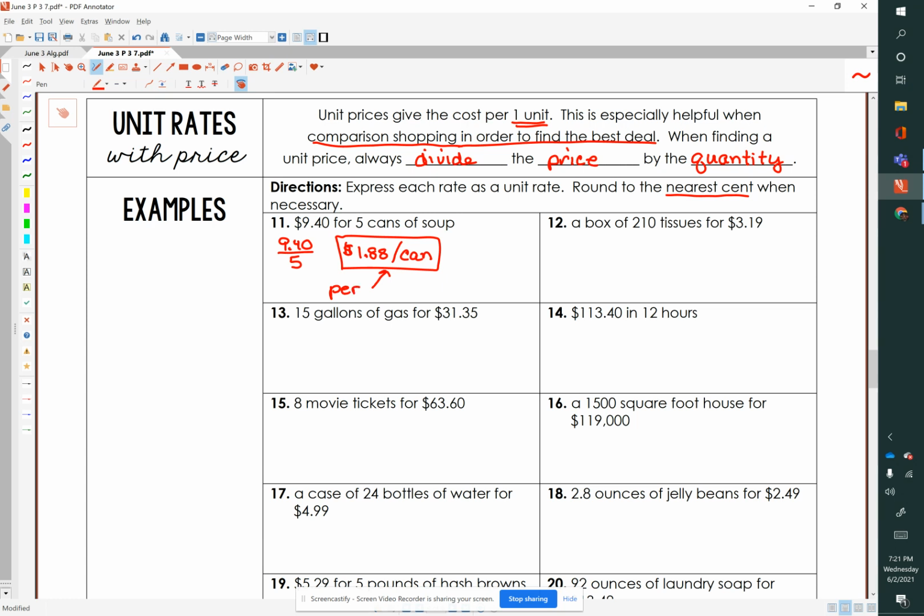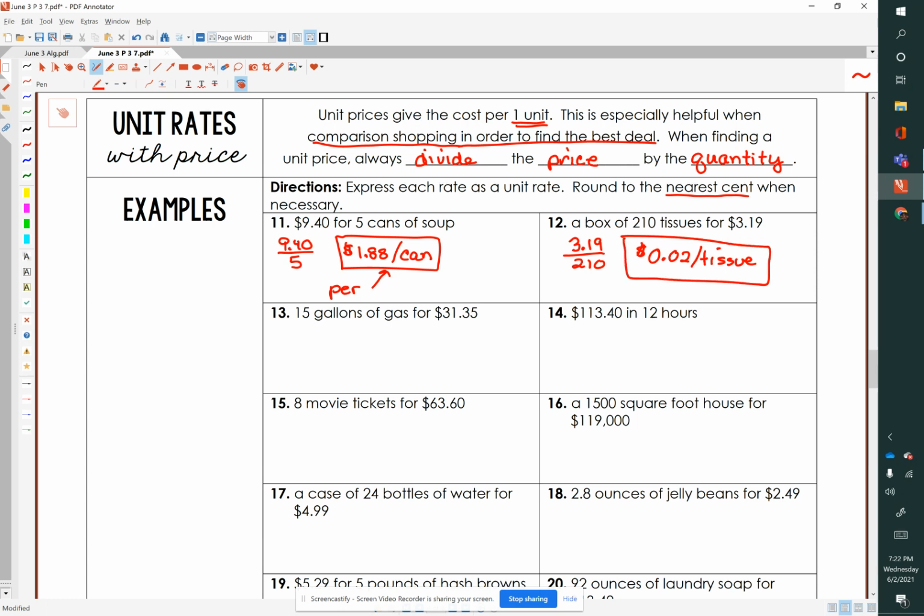So a box of 210 tissues costs $3.19. Remember, price on top, quantity on the bottom. We're going to find out how much one tissue costs, and it costs 0.02, 2/100ths of a dollar, which means 2 cents. It costs 2 cents per tissue.